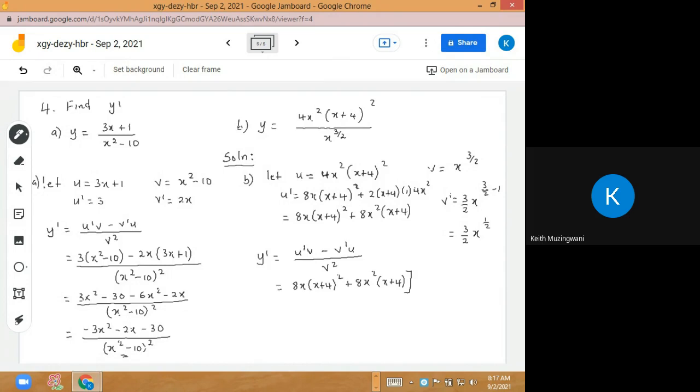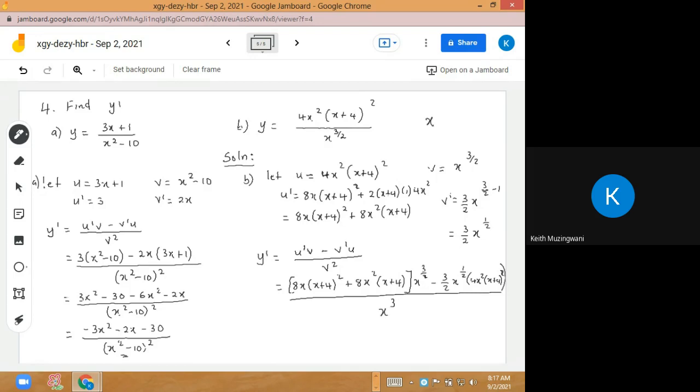This whole thing is u prime multiplied by v, which is x to the power 3 over 2, minus v prime, 3 over 2 x to the power half, multiplied by u, which is 4x squared, x plus 4 squared, and then we close everything over v squared to just come out as x to the power 3.